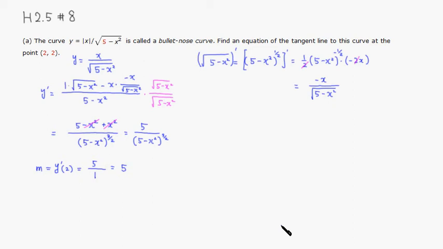So the equation of the tangent line is y minus y1, where our x1, y1 is (2, 2), equals the slope 5 times quantity x minus 2, because x1 is 2. Alright, let's type it in.